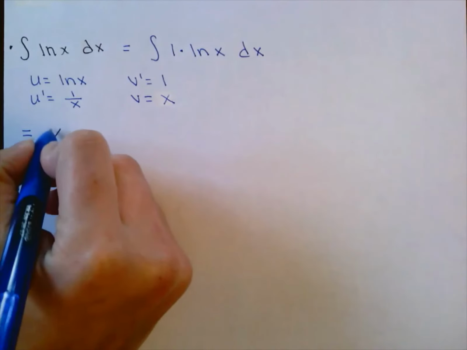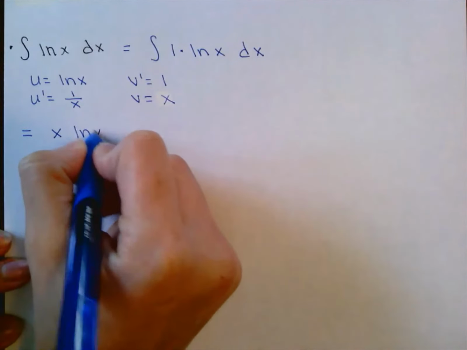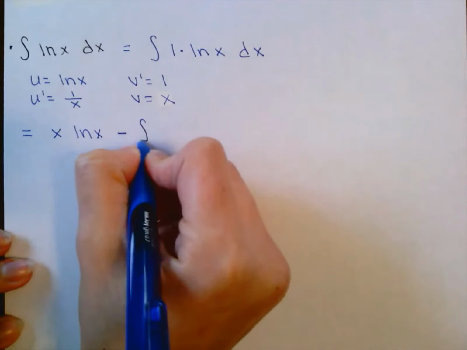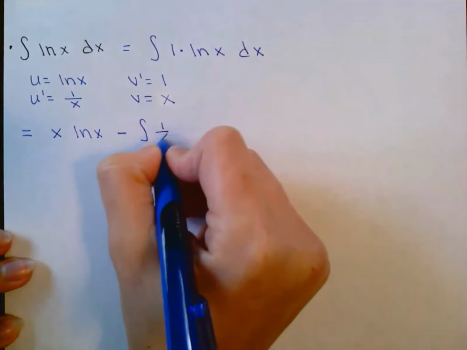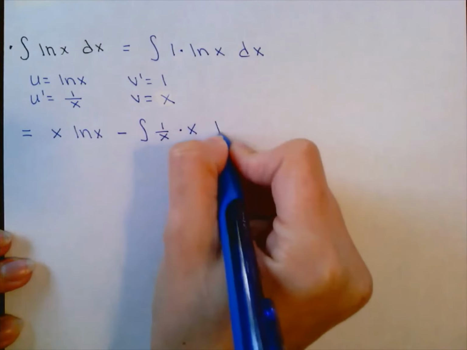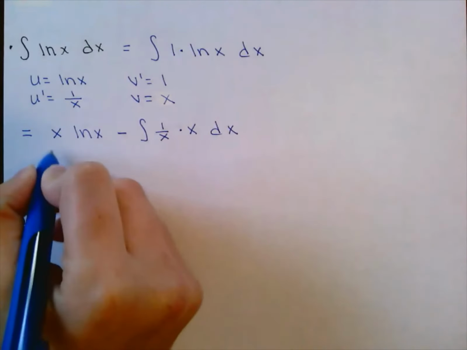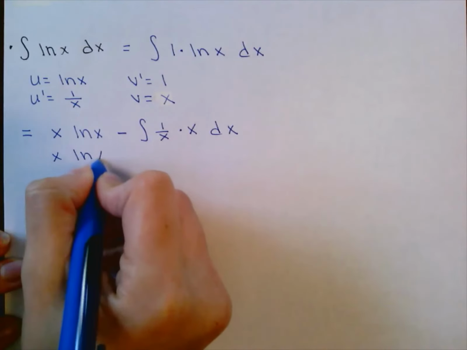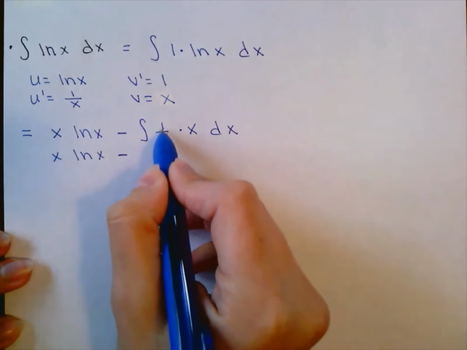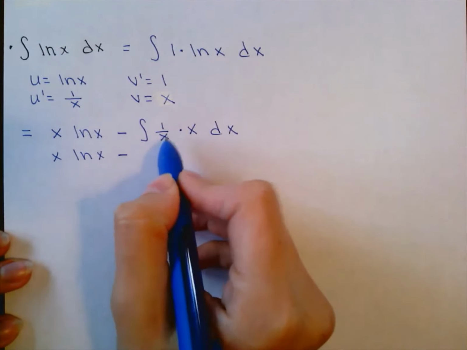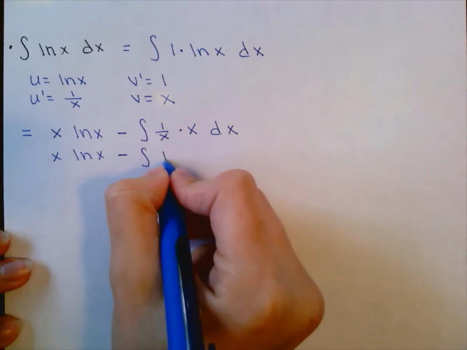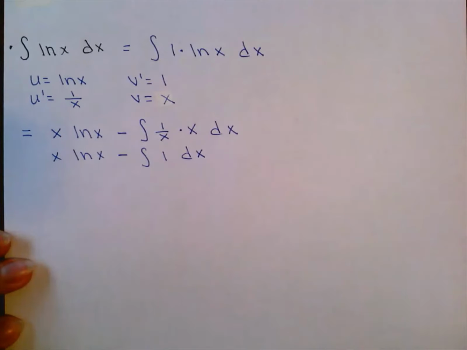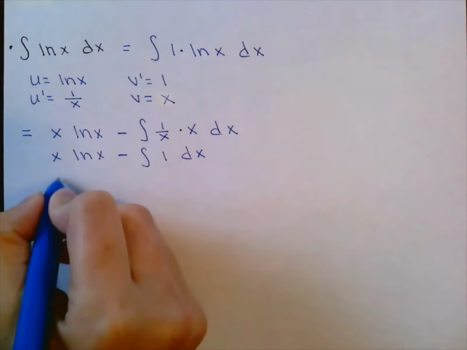I'm going to write the x first just so it looks a little better. Minus the integral of my last part here, 1 over x times x dx. Okay? Rewrite this part. Minus, if I multiply x and 1 over x, I get x over x, which is just the integral of 1. The antiderivative of 1 is just x.